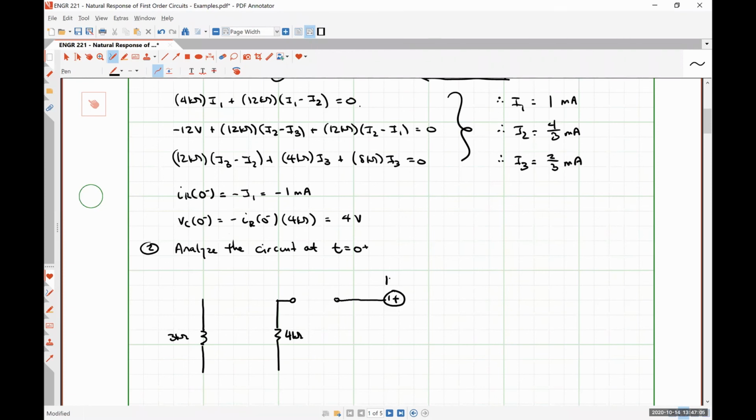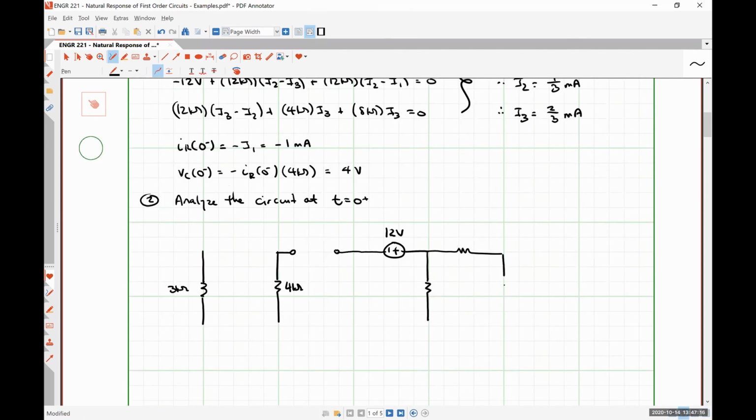Here's where our 12 volt source is, so one leg of that is entirely disconnected. So let's see, 4K, 8K, 12K, 12K.